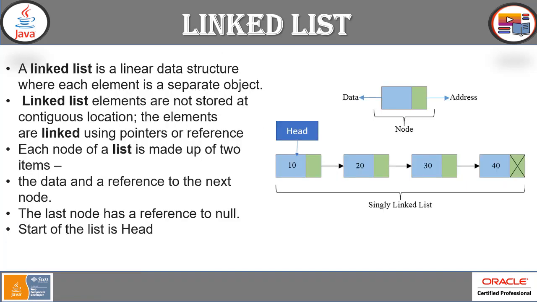Now in this session, we are going to have a list of elements in a linked list form. A linked list is a linear data structure where each element is a separate object. The linked list consists of nodes, and each node has 2 parts: one is data and the other is an address, basically a reference variable.